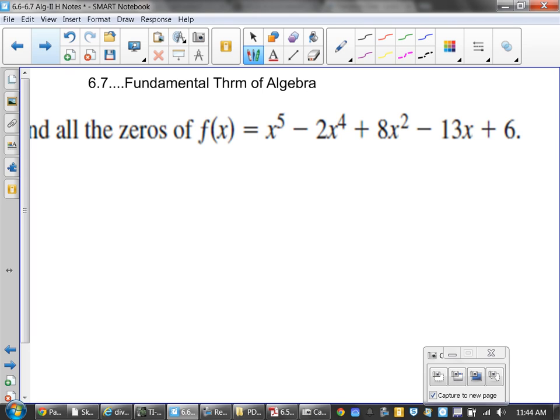At this point, we have x to the 5th minus 2x to the 4th plus 8x squared minus 13x plus 6. That's a whole lot of junk going on that I don't even want to attempt to start with.